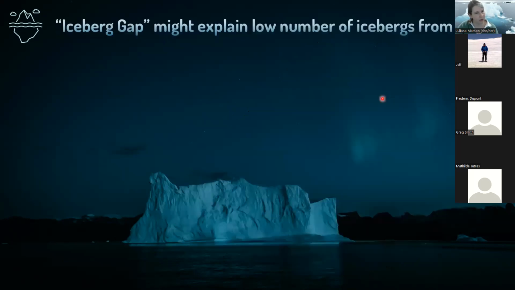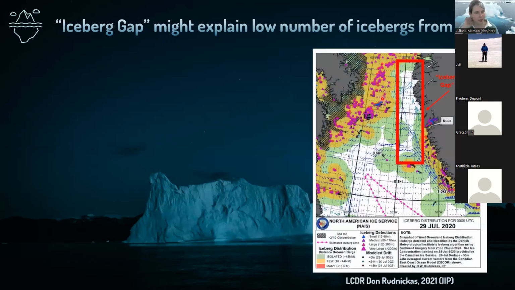And another thing to consider is why there are not many icebergs coming from the southwest sector of Greenland and crossing northwards. The latest International Ice Patrol report showed that in real life you see what they call an iceberg gap here in the southwest.